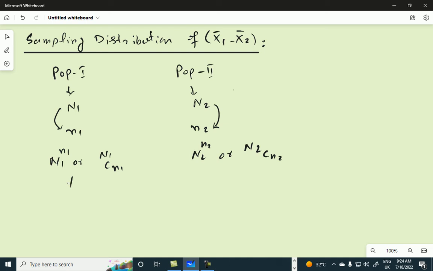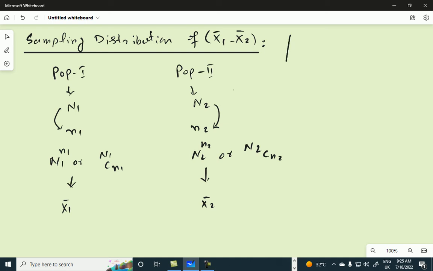So, if you calculate sample means from all these possible samples, it will result in x1 bars. You will have so many x1 bars. And similarly, if you calculate sample means from the second population's samples, you will have x2 bars.